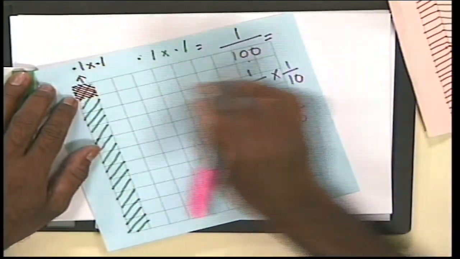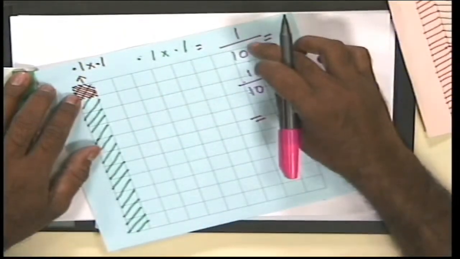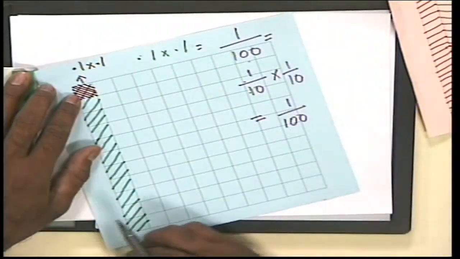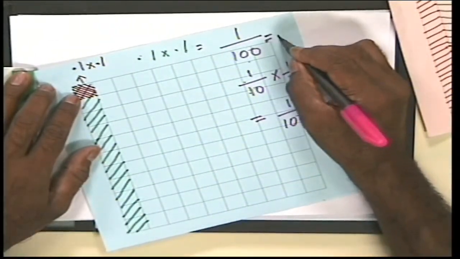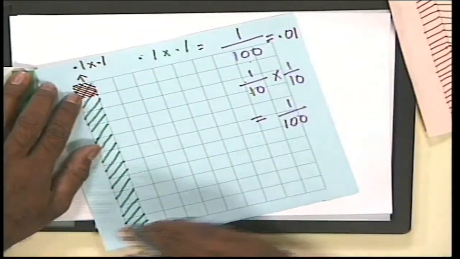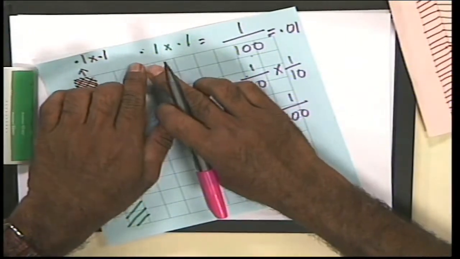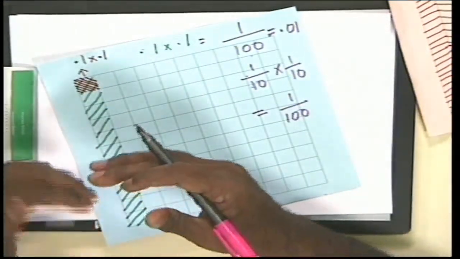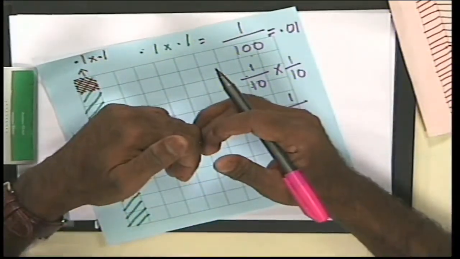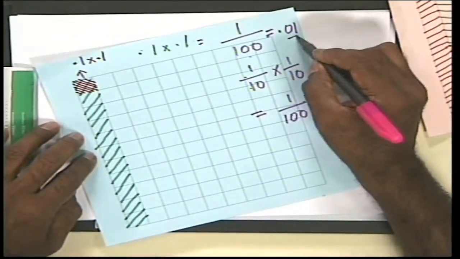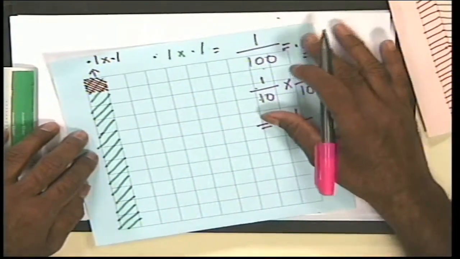If you count the shaded region, you will also get 1 upon 100, and this value is equal to 0.01. That means when you multiply 0.1 by 0.1, 1/10 part of 0.1 is equal to 0.01.